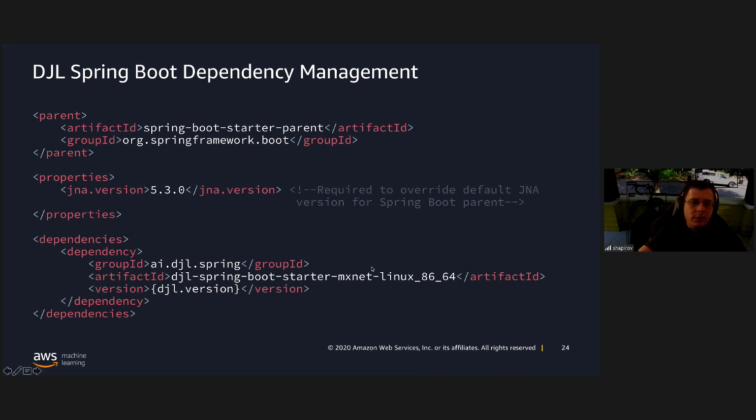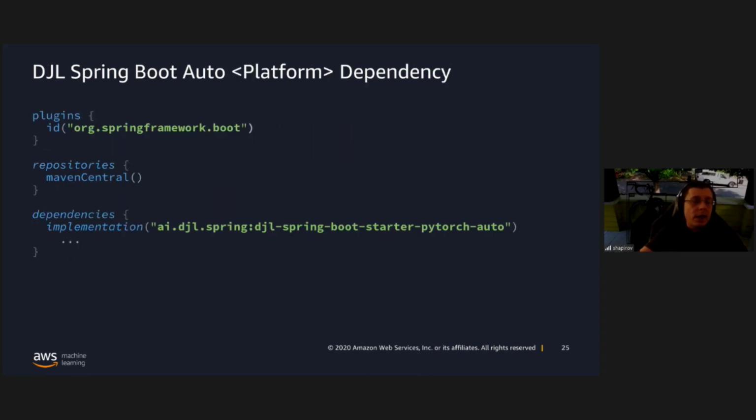You can also see in this specific case there is a platform indicator like linux-x86_64, which is an indication of the target OS architecture where you want to run it, but there is also an auto dependency. The auto dependency is similar to this example in Gradle.